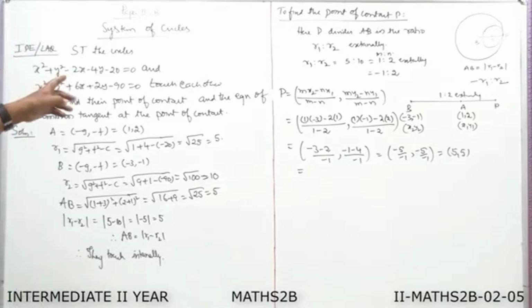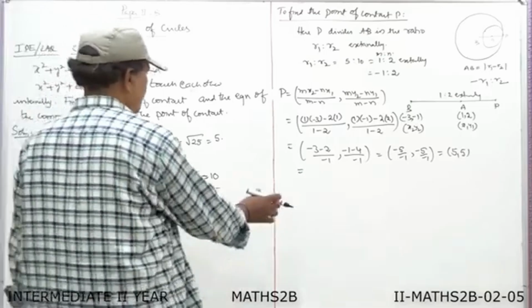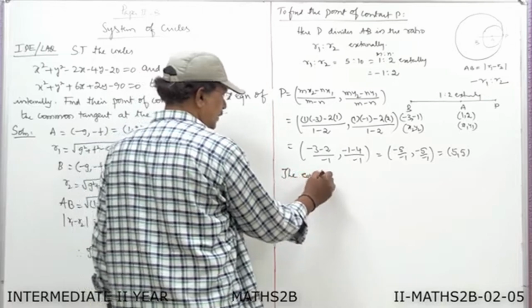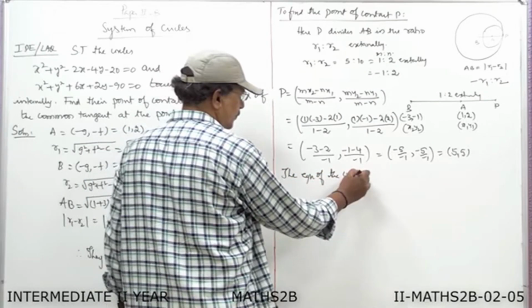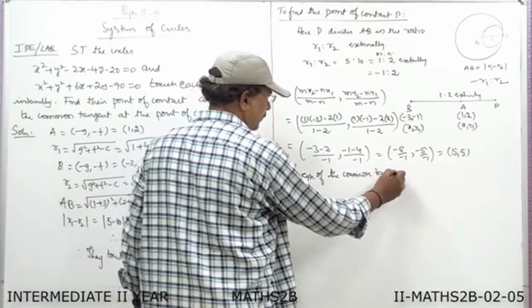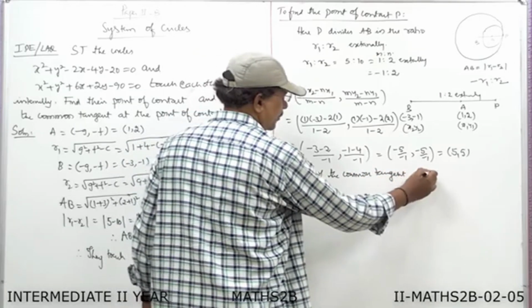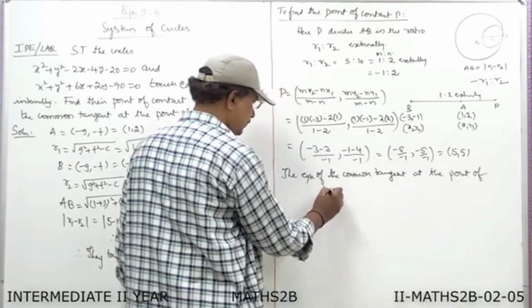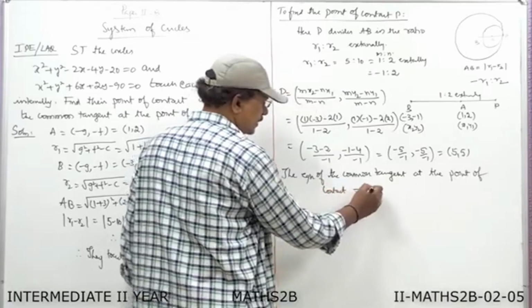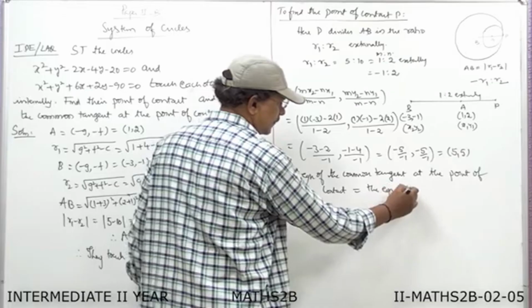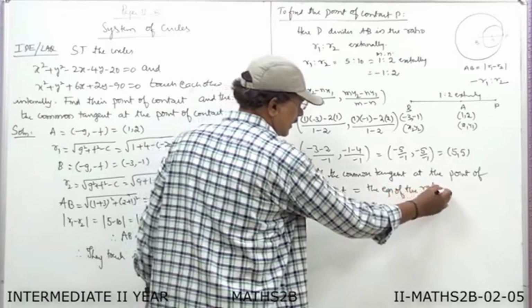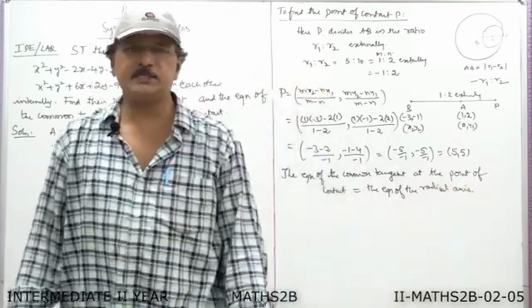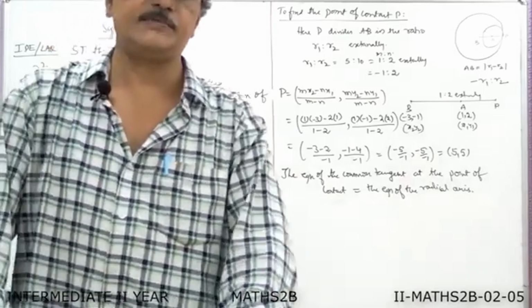Then what he is asking is the equation of the common tangent. Therefore, the equation of the common tangent at the point of contact is the equation of the radical axis. Why? In the beginning of the chapter, we discussed the properties of radical axis.